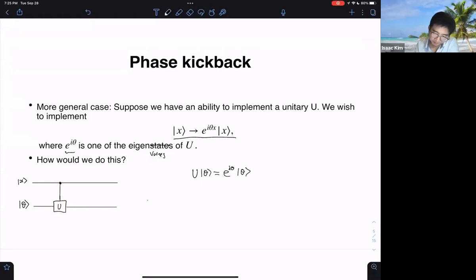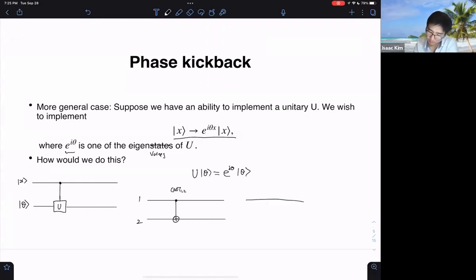So remember, in the previous lecture, we also drew some similar looking diagrams. This was, let's say, qubit 1 and qubit 2. This was C-NOT from 1 to 2. And another example was this one, so this was CZ of 1 and 2.